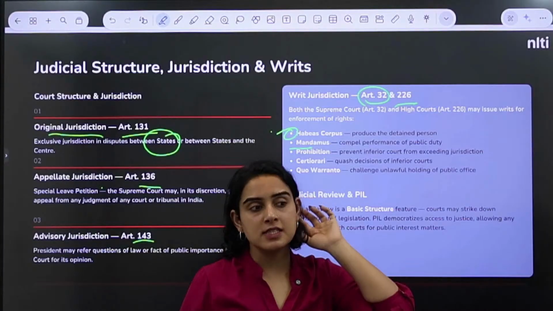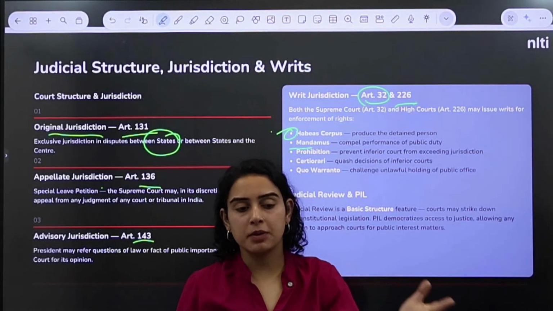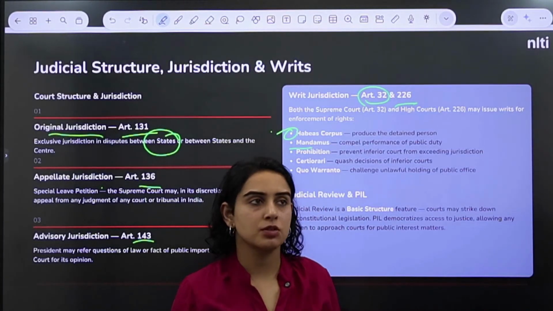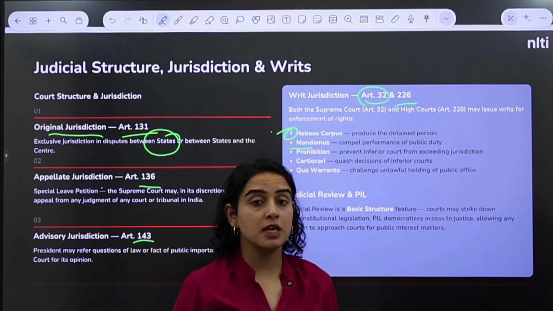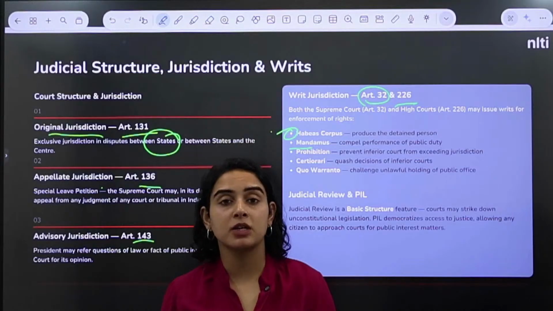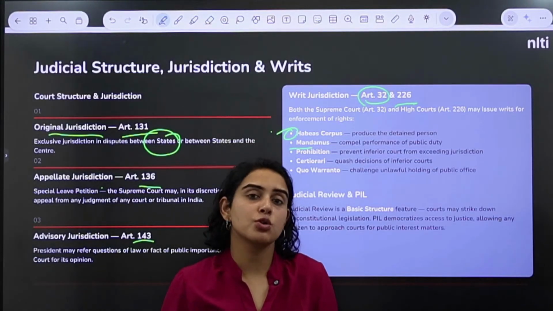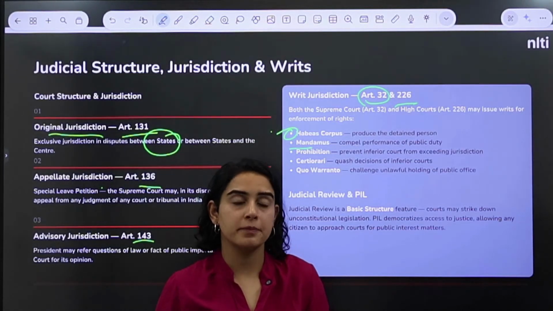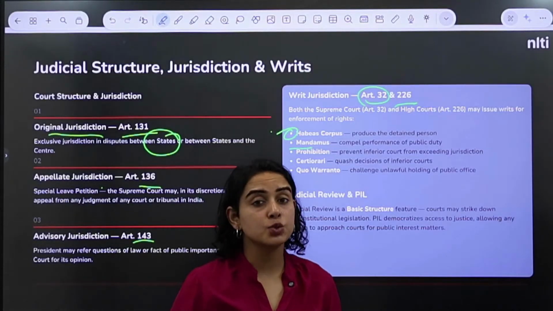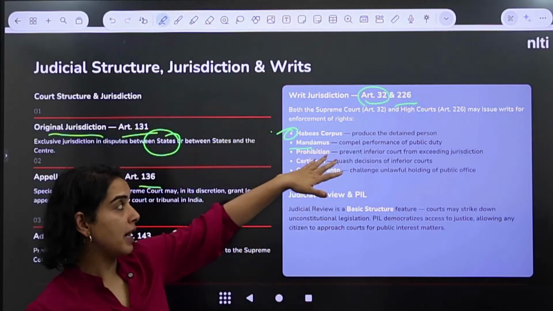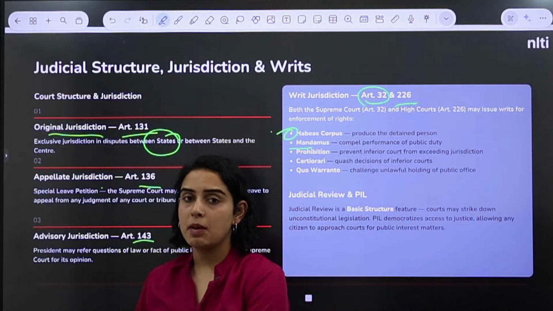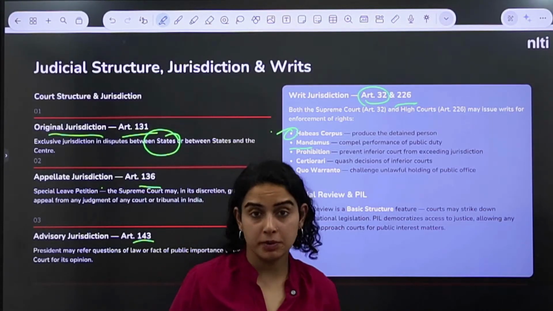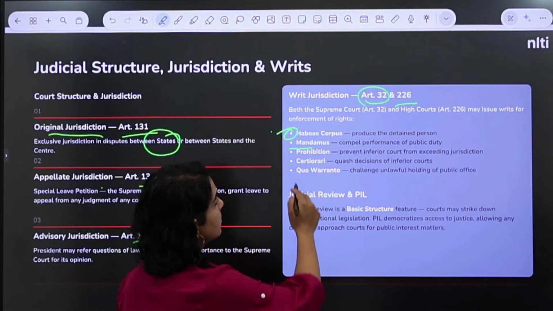Let's say garbage collection is not happening properly, right? For that, you have been making multiple requests to the public authority and it's not working. So you can file the writ of mandamus, where the court is going to order that public authority to do its function properly. Then prohibition.